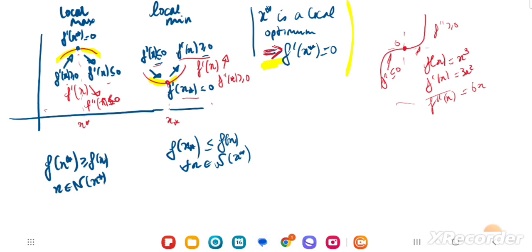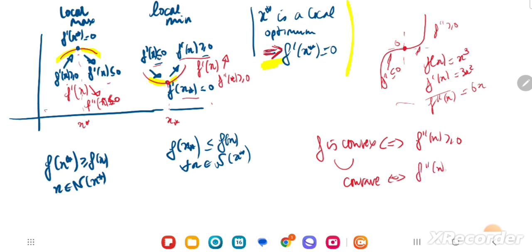You probably also remember that we can characterize convexity, what we just talked about, in terms of the sign of the second derivative. f is convex, looking like this, is equivalent to f second being positive. And f is concave, or convex down as some people say, is equivalent to f second of x being smaller than 0.